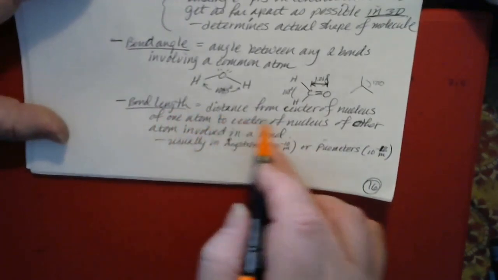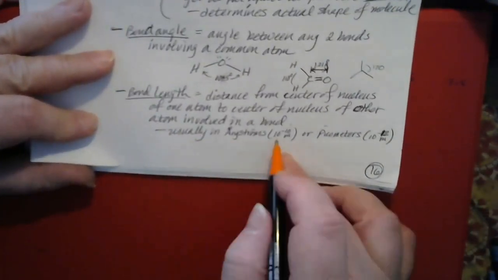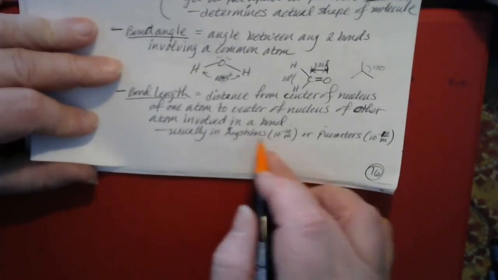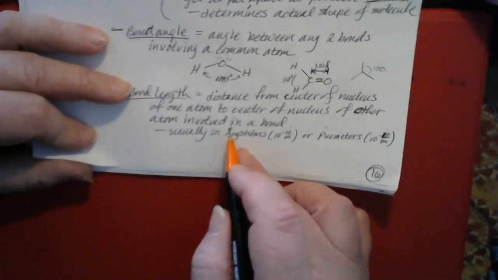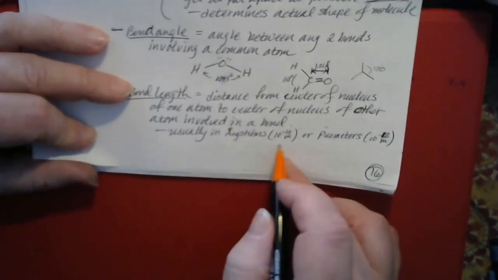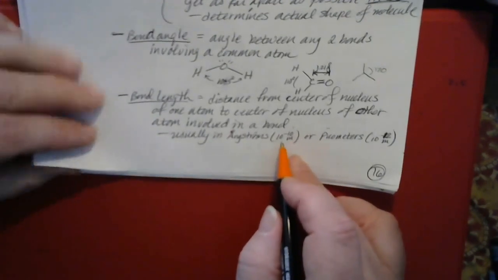Bond length is the distance from the center of the nucleus of one atom to the center of the nucleus of the other atom that are involved in a bond with each other. And bond lengths are usually measured in length units of angstroms. The symbol is the Swedish letter A, which is an A with a little loop on top. And an angstrom is exactly 10 to the minus 10 meters.